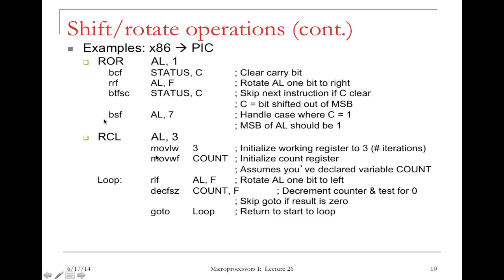It's similar to what we do in x86. We will initialize the counter by loading 3 into working register W and copy the value from W to this count. Let's assume count is a register declared somewhere at the beginning. So count is going to keep the number of iterations we have gone through so far.